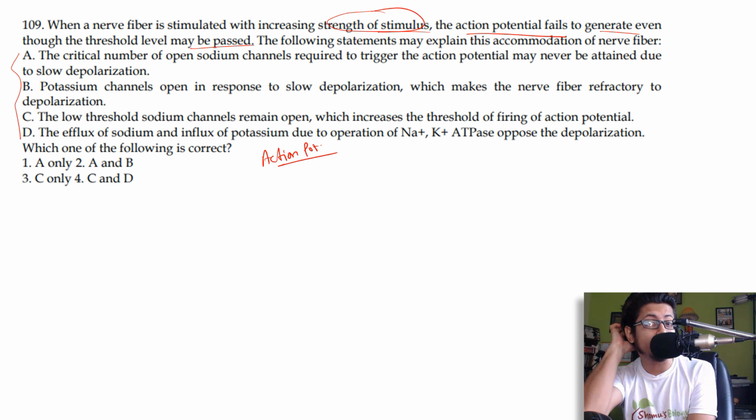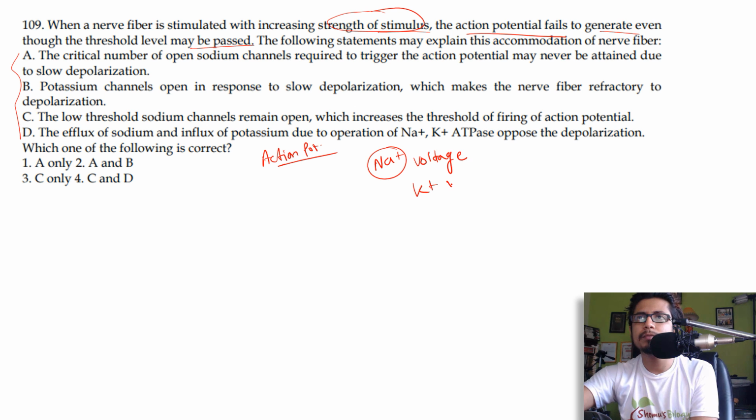For the action potential to originate, there are 2 types of channels that play an important role. One is the voltage gated sodium channel, and the other is the voltage gated potassium channel.